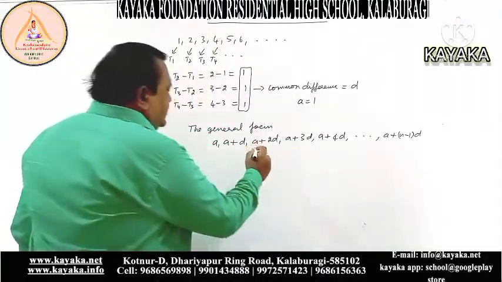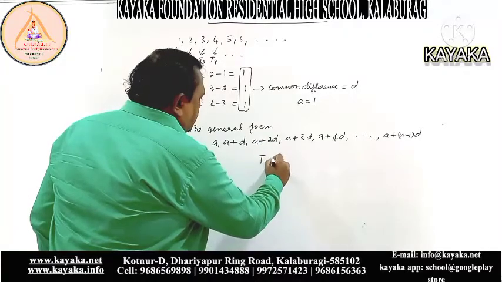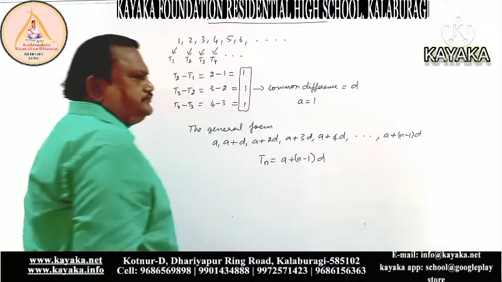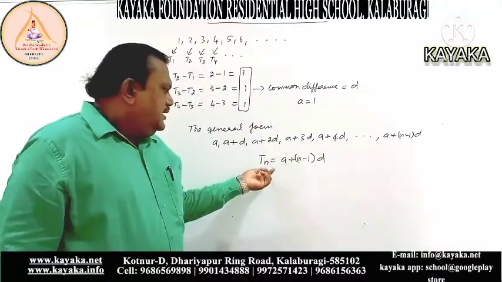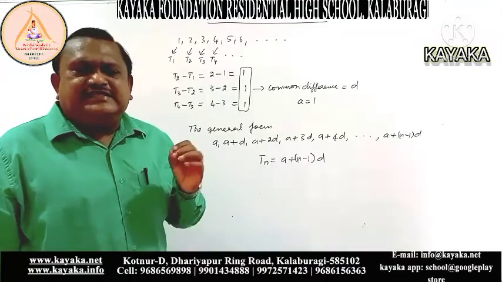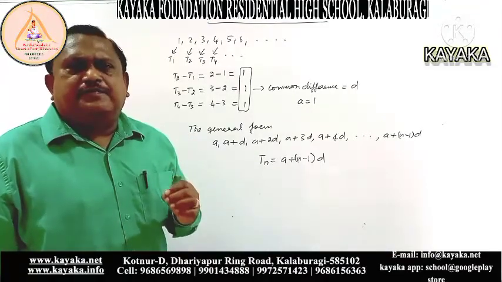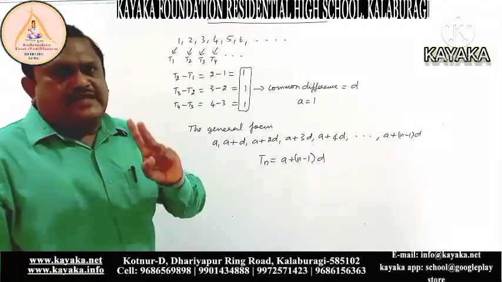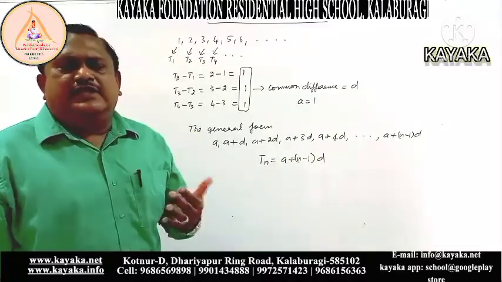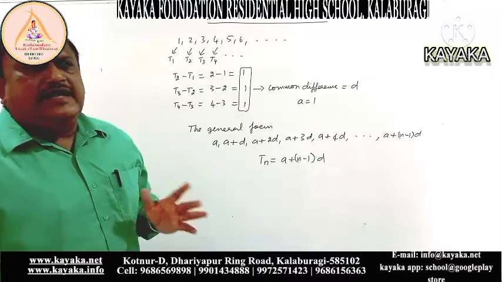Therefore it is denoted by Tn. Tn is equal to A plus n minus 1 into D. Tn is called the nth term as well as the general term of the arithmetic progression. Two names are there for this Tn.